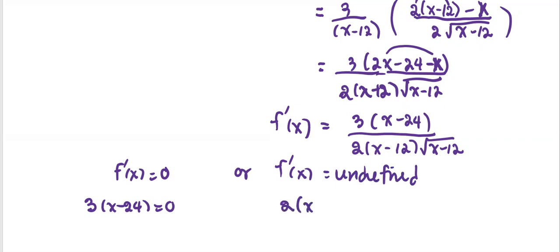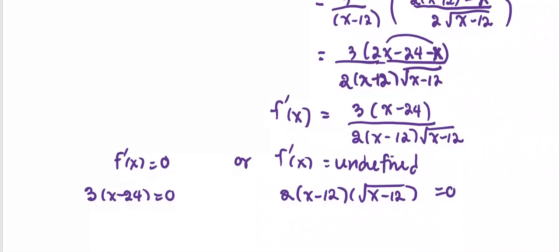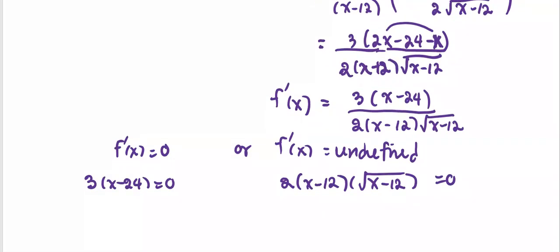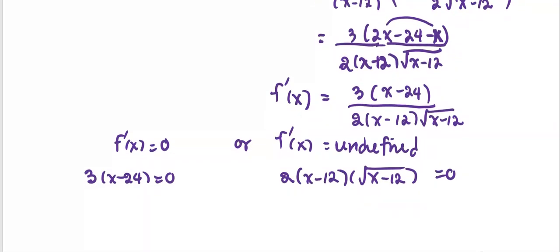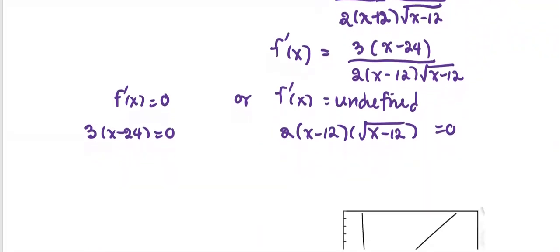So 2x minus 12 square root of x minus 12 equals 0. Because when you divide by anything, you cannot let that thing be 0. That's why it's going to be undefined when the denominator is 0.